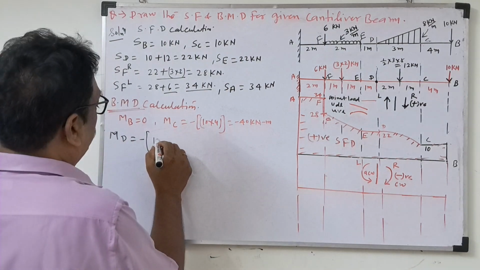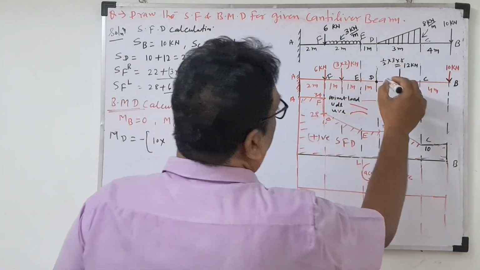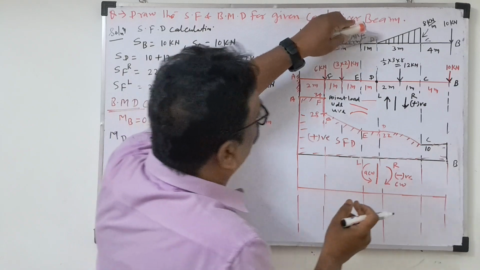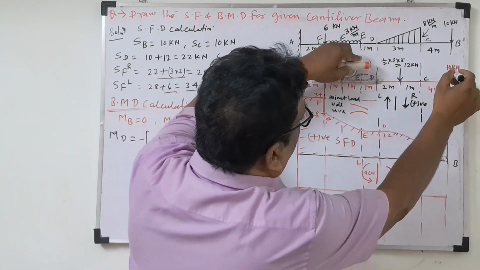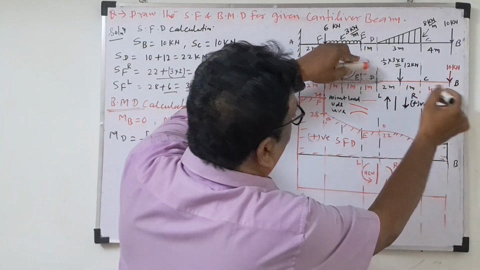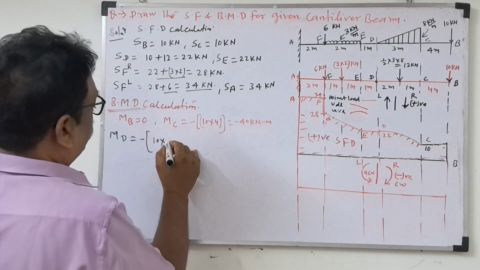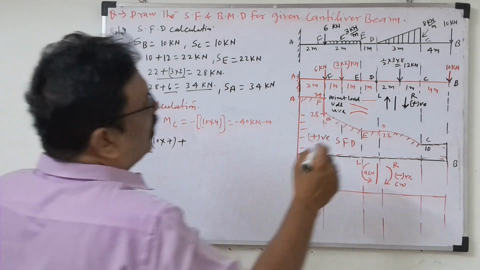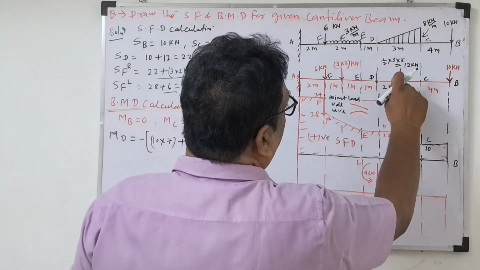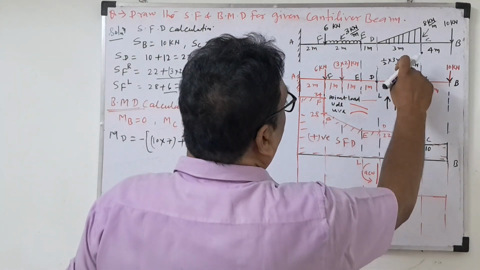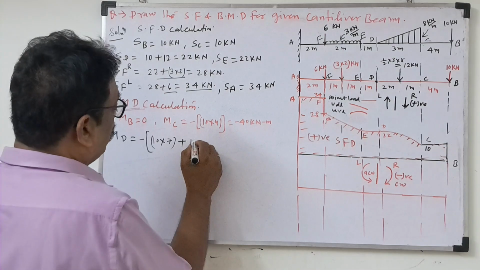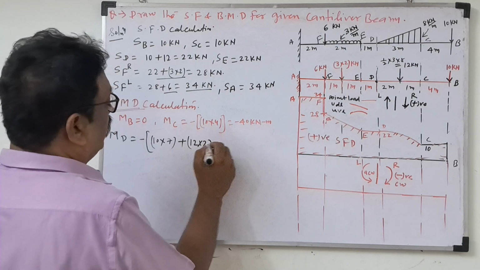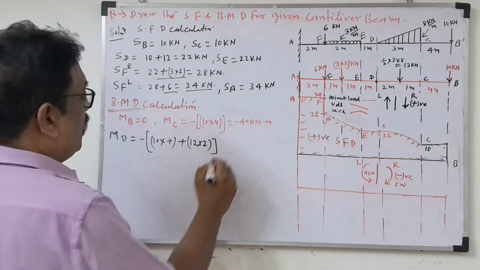Now what is the total distance for the 10 at point D? 10 into 4 plus 3, 7. How easy this looks. Now for this load 12, we are taking moment about D as 12 into 2 only.